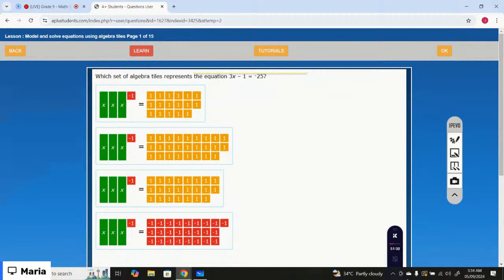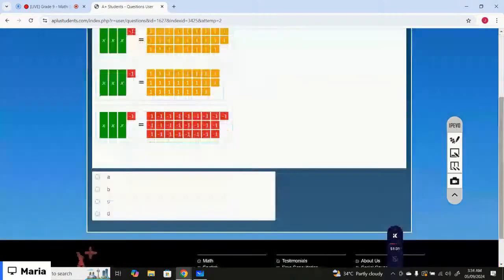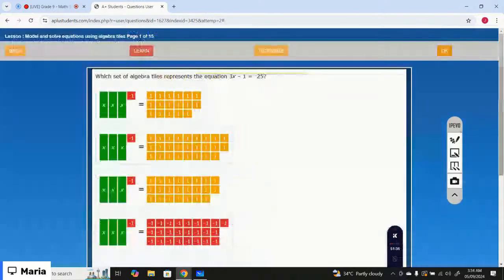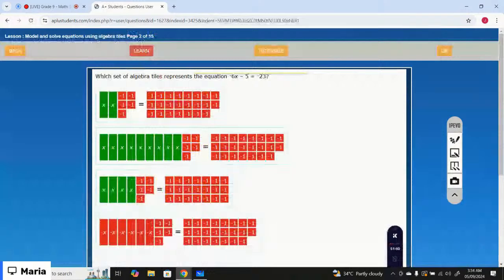Fourth one, sorry. Option D is the correct option. Next, which algebra tiles represent negative 6x equals negative 23? So which is the correct option?